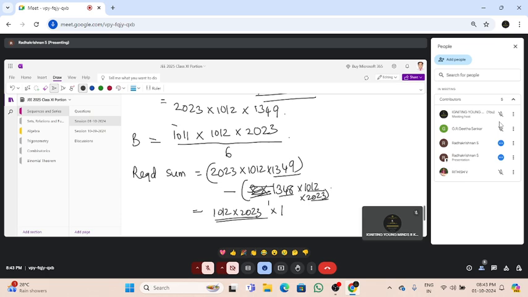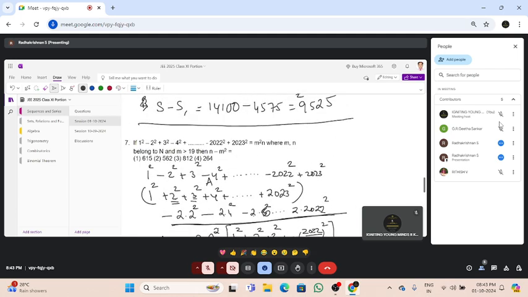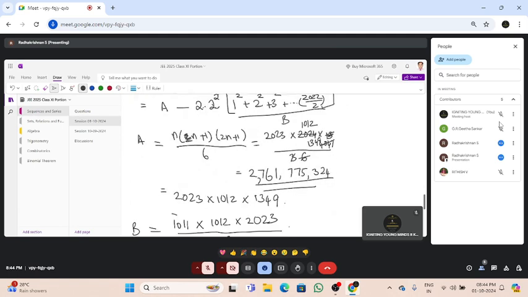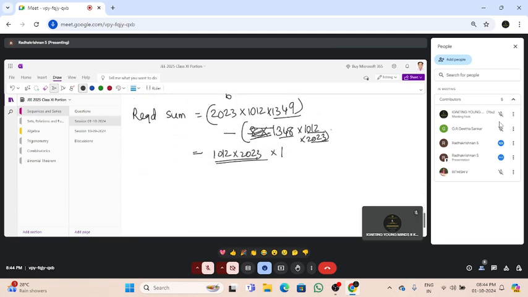Now the next problem is converting it into the form m square into n, where m and n are natural numbers. How do we do that? For that we'll basically have to factorize these two numbers. Then you can see what will be your m square and what will be the n.